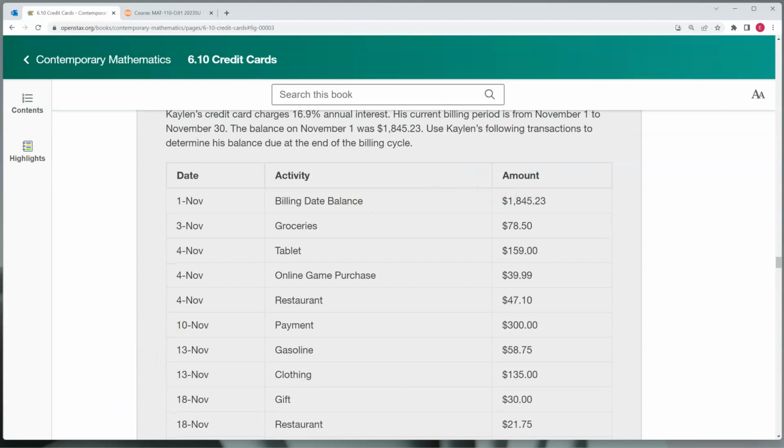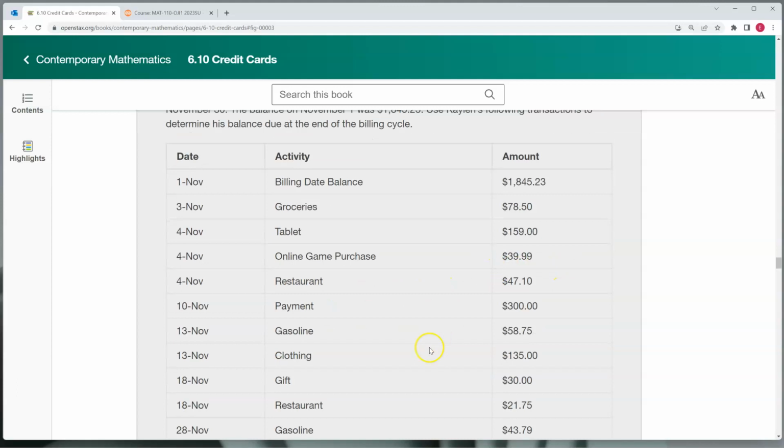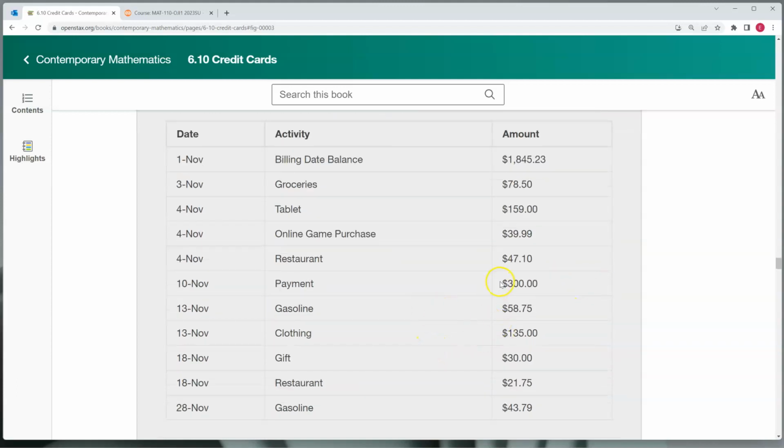So looking at this information, we've got a forward balance. He started the month off with $1,845.23 from the last month. He bought some groceries, a tablet, online gaming, a restaurant meal, and made a $300 payment. Everything here except this 300 is a positive number, and so the 300 is minus.